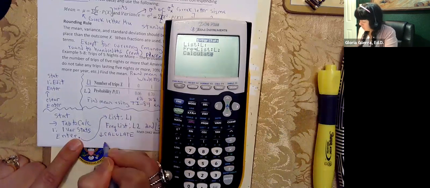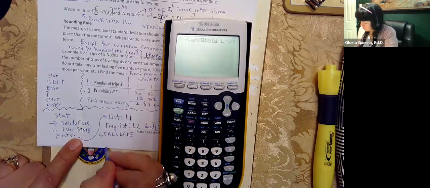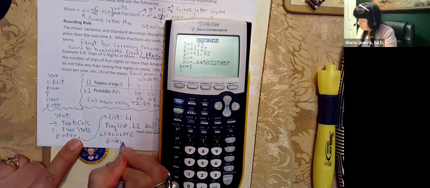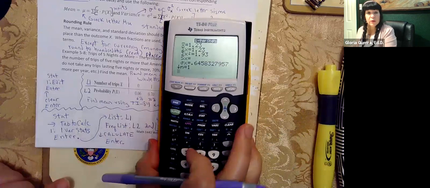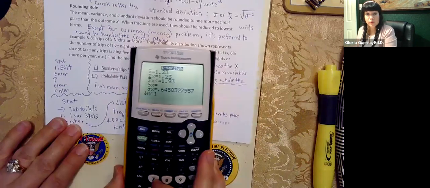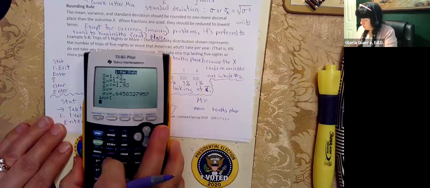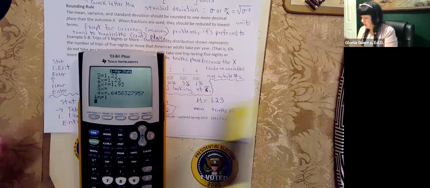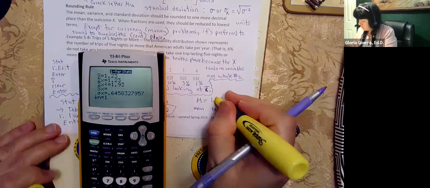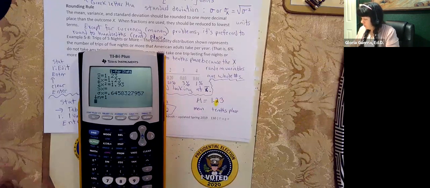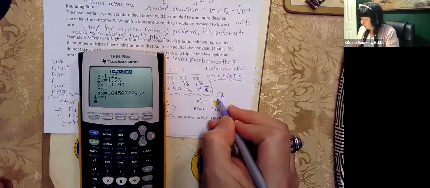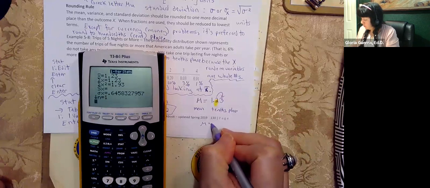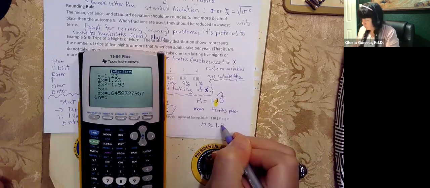And then hit enter. And remember, you're going to look at X bar, which is 1.23. And then you're going to round to the nearest tenths. And look at the neighbor. Is the neighbor 5 or more? Nope, that's the 3. So mu is about 1.2.